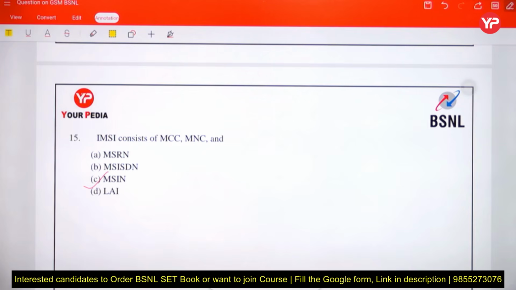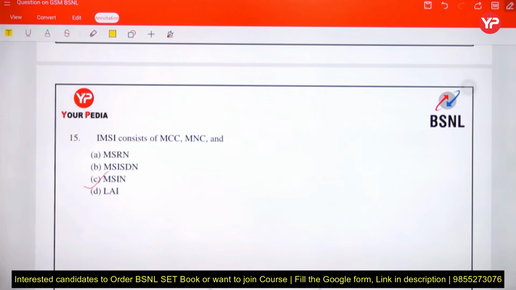Inside this International Mobile Subscriber Identity, remember the name, the first thing we have is the MCC, Mobile Country Code. MNC stands for Mobile Network Code, and then we have the MSIN, which stands for Mobile Subscriber Identification Number. All these combined together will uniquely identify the subscriber within a global network structure.